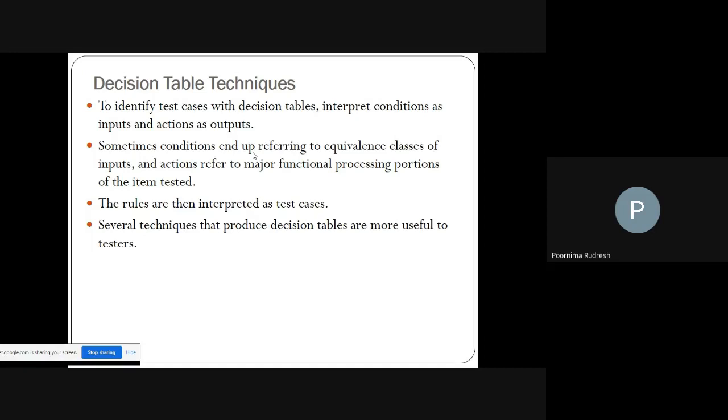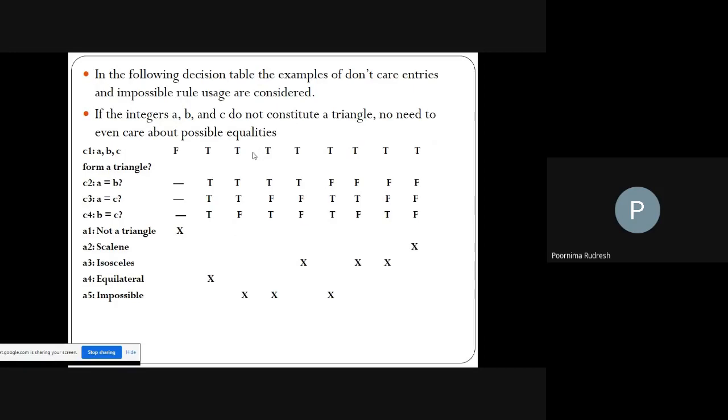We use several techniques for testing the developed system, and these test cases produce decision tables which are more useful to testers. We'll see one more example. Here we are considering the don't care conditions and impossible rule usage for that condition is defined.